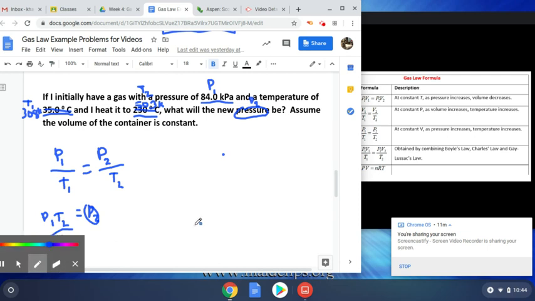So now, nice and easy, we plug in what we've already labeled. So here we have 84.0 kPa times T2. Make sure, again, just like last time that we used T, that you're using T2. T2 is 503.